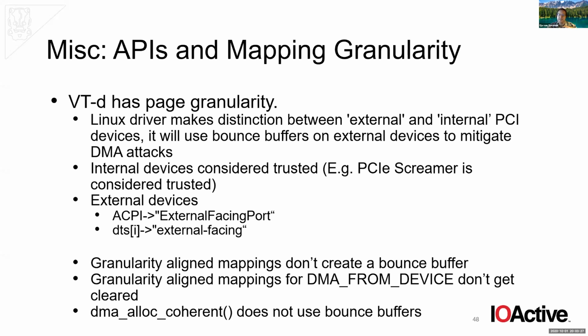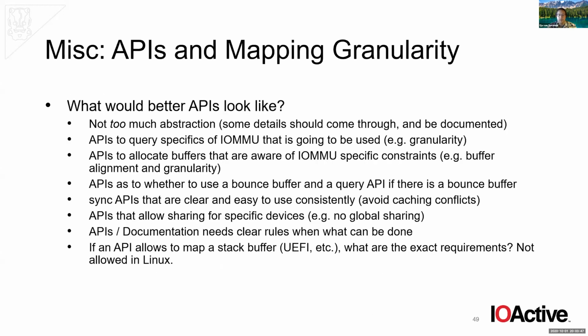Secondly, if the granularity of your allocation aligns exactly with that of the mapping, then even if you're doing DMA from device, it does not get cleared. And lastly, if you're doing coherent allocations and maps, then bounce buffers aren't created either.